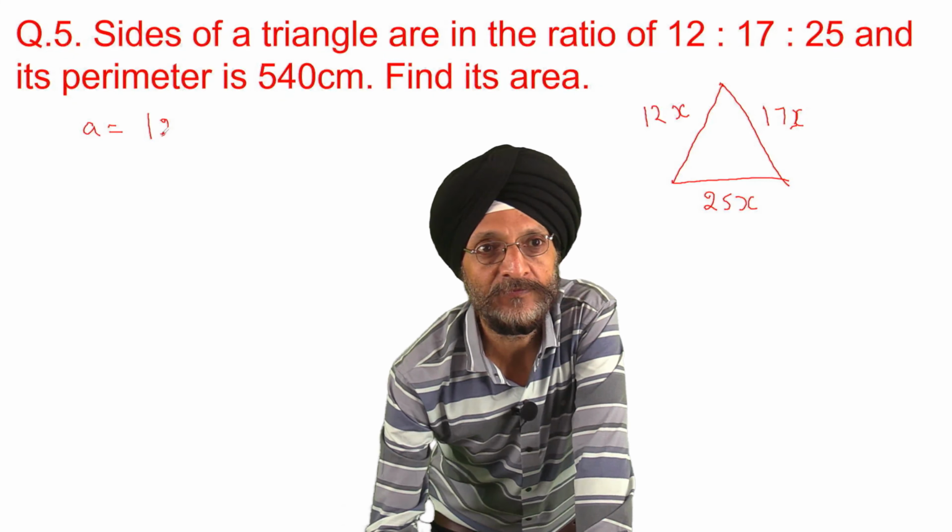Heron's formula says that the area of triangle is equal to under root s into s minus a into s minus b into s minus c. What is s? S means semi perimeter.